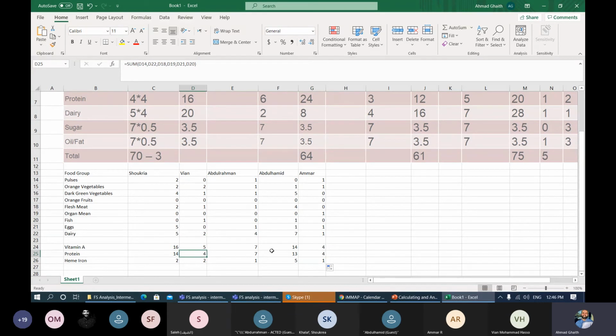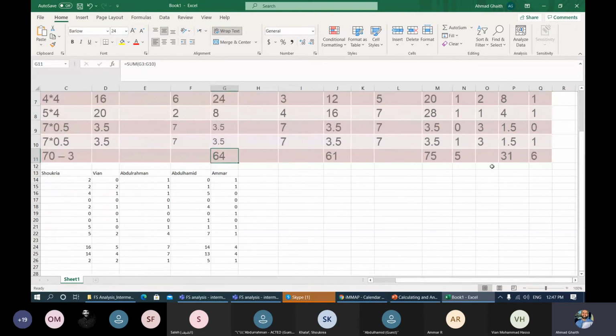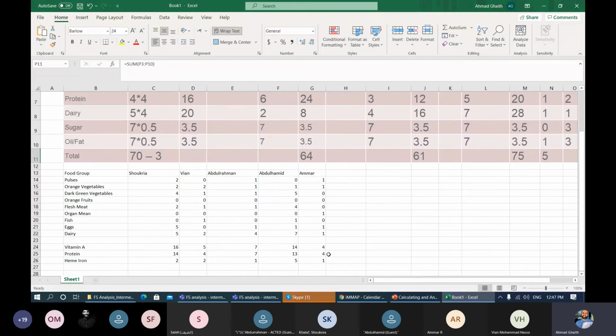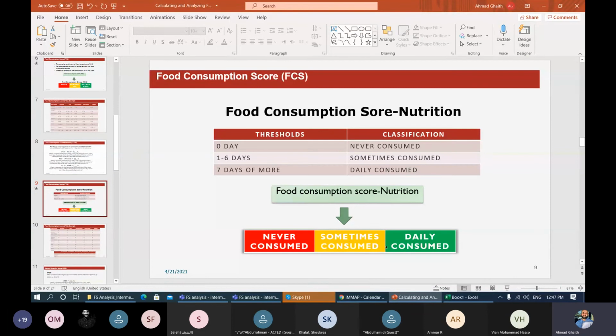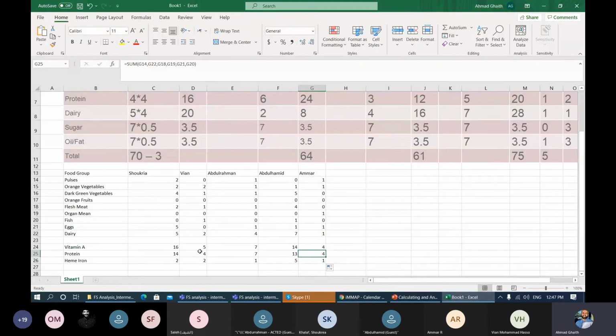Again, it looks like they're getting a similar amount of protein-rich food, but we know that Vian's food consumption score is more than double Amar's. But we can say that Amar is accessing nutrients at the same level as Vian, and for this 4, we will put him in the sometimes consumed group, because he's getting access to it.